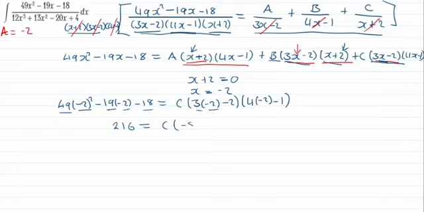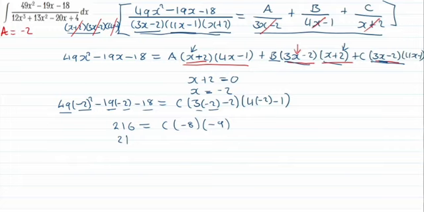So we have negative 8 here, multiplied by negative 2 multiplied by 4, that's a negative 8, minus 1, that's a negative 9. So when you multiply here, you get 8 times 9, you get 72. Since they are both negative, it's going to be positive 72.